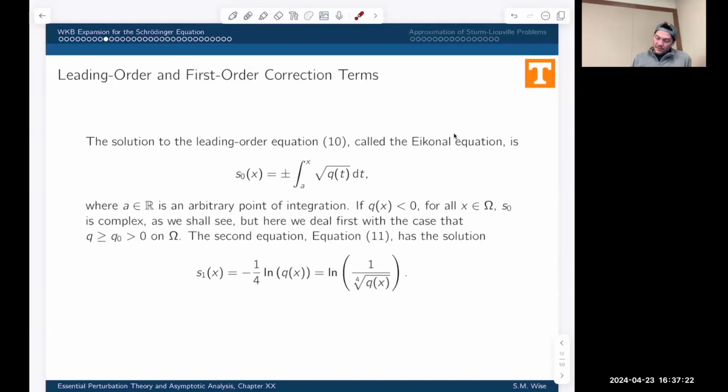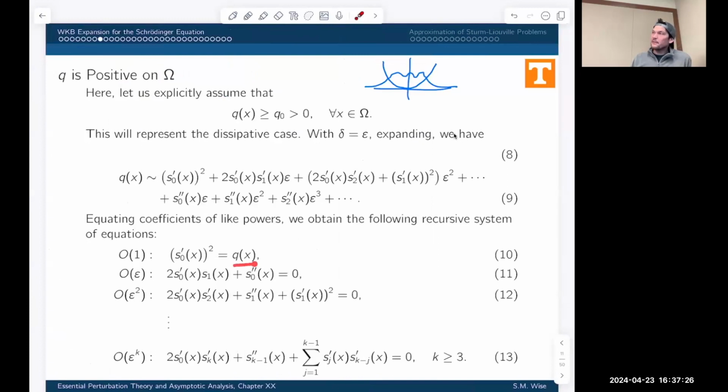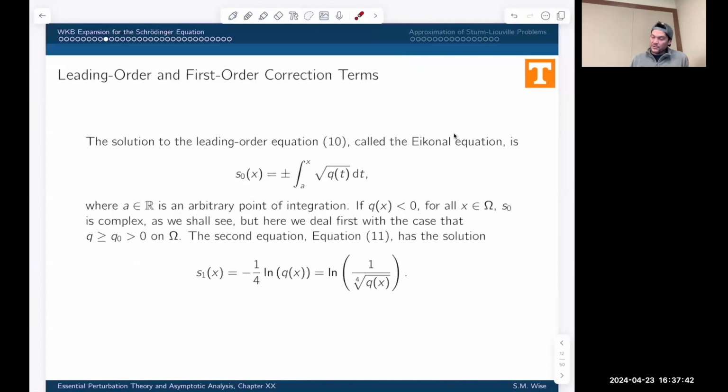Now, why do we get the plus or minus? Well, when we take the square root, we have to take plus or minus the square root. Now, remember, we're assuming here that q is positive, so we're safe in taking a square root. We're not going to get the imaginary unit when we do that square root. Again, A is an arbitrary point of integration.